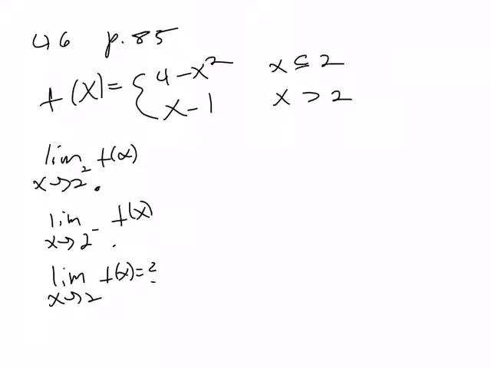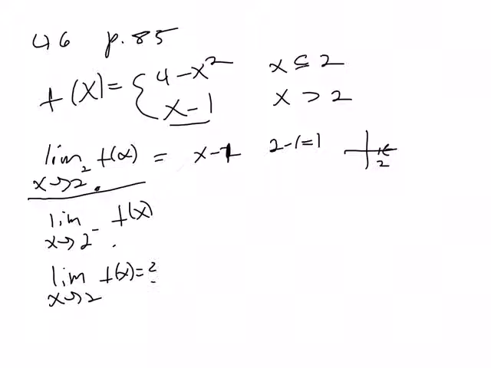So as we're approaching 2 from the right, we have that x is bigger than 2, right? So here's, let's say, 2. We're approaching here. x is bigger than 2. So when x is bigger than 2, we're looking at x minus 1. Plug in the 2, and we get 2 minus 1 equals 1. So the limit as we approach 2 from the right is 1.